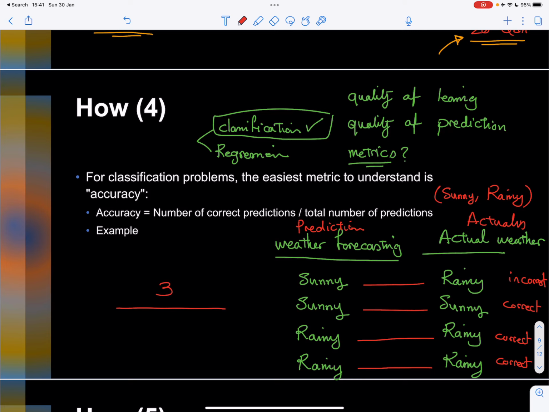And the total number of predictions, the total attempts that we have, this is 1, 2, 3, 4. So this is the total number of correct over the total number of predictions.